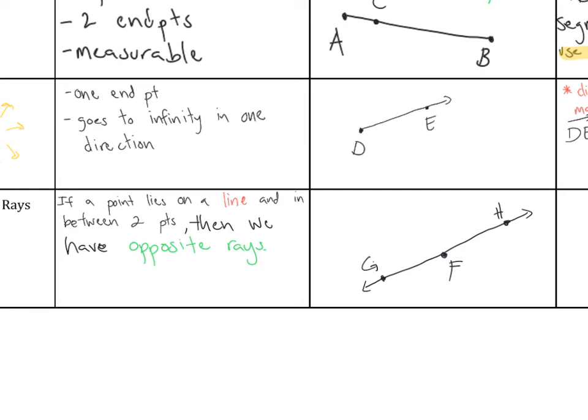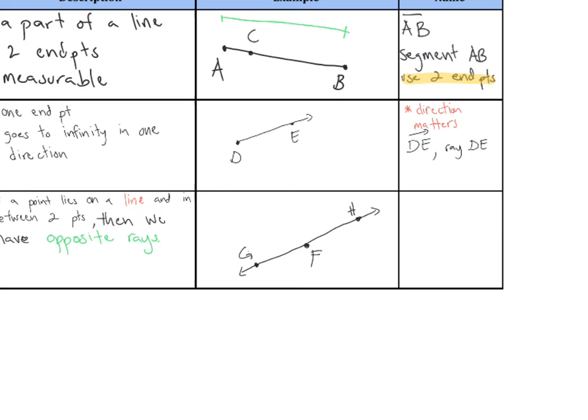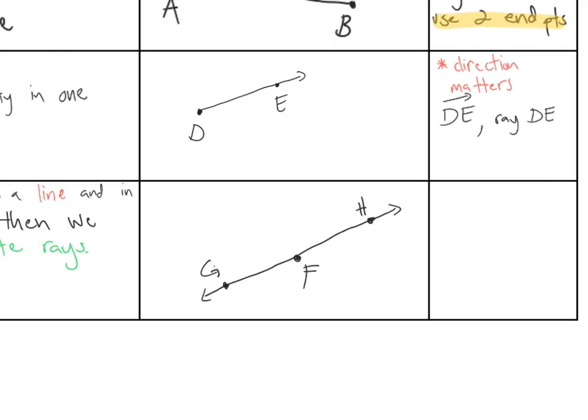All right, so taking a look at the picture, we can see that we have a ray that starts at F and goes towards G. We also have another ray that starts at F but goes towards point H. And they form together a straight line, and that's what we always want to look for. If they do not form a single straight line, they are not opposite rays. So that's where we have to be careful. Just because you have 2 rays, if they don't form this straight line, they are not opposite rays.